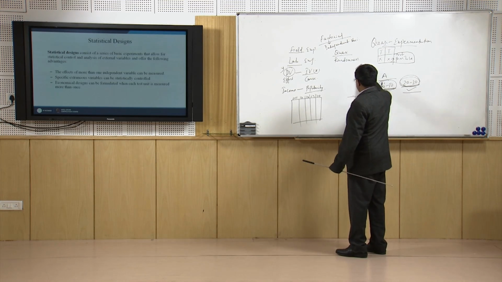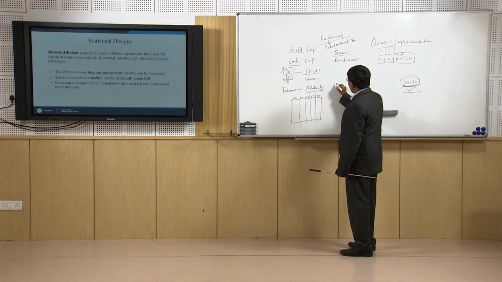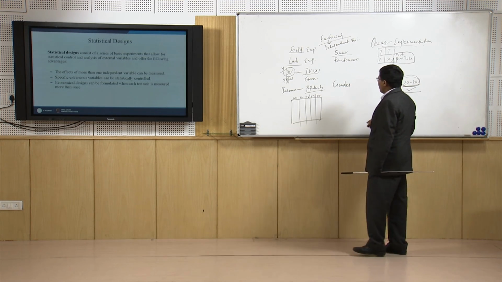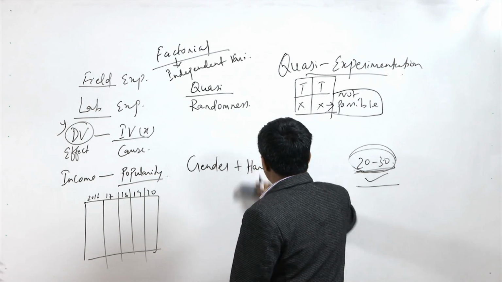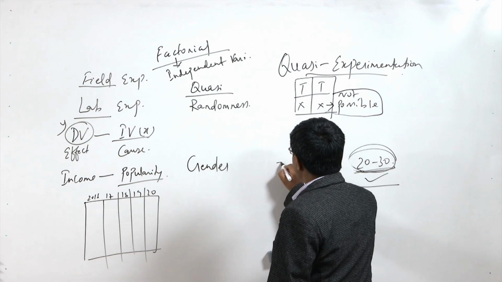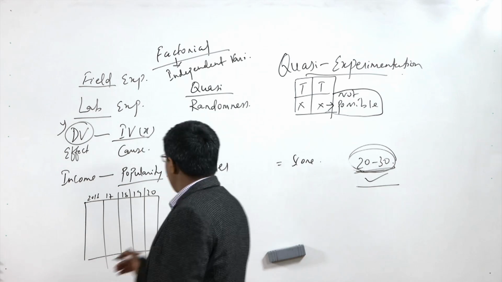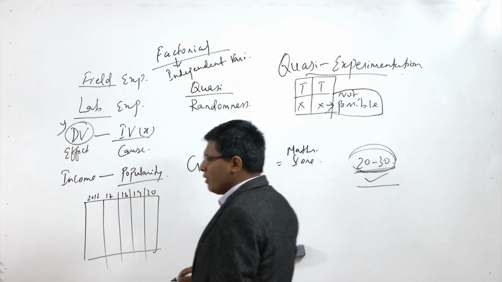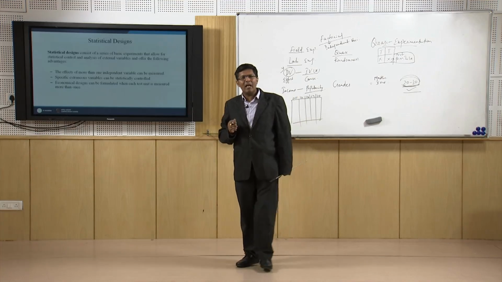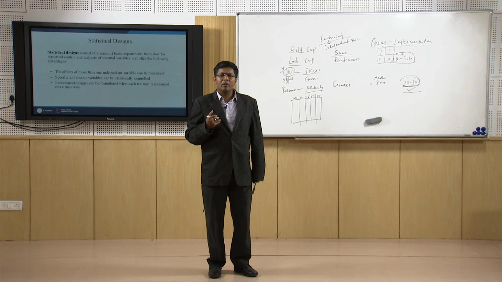Let us say you want to see whether gender plus hard work affects the score. First, take one: gender affects the score of a person, how much he is scoring in, let us say, mathematics, the math score. We will say that gender has an effect on the math score, that in terms of maths boys score better than girls.